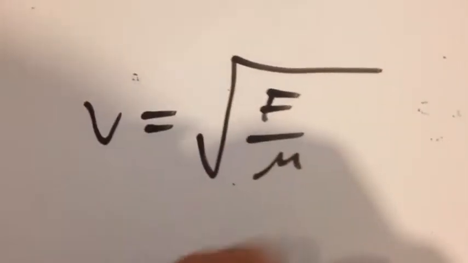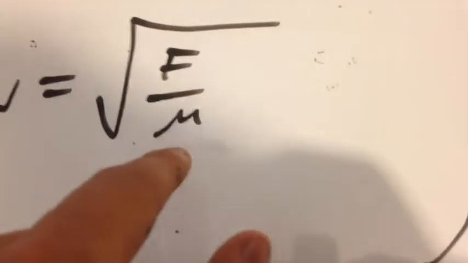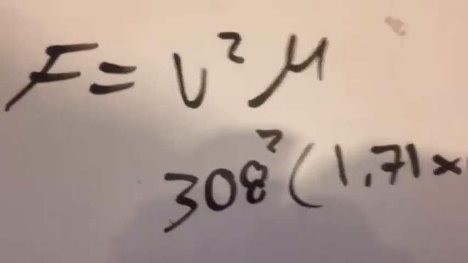Now, we arrange our previous formula of velocity equals root of force over linear density, which will give us force equals velocity squared times the linear density.